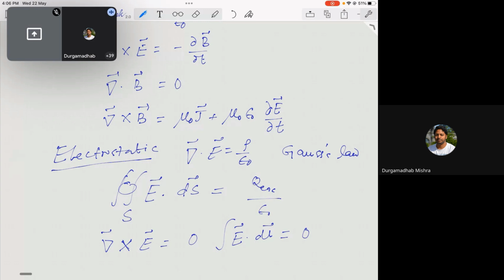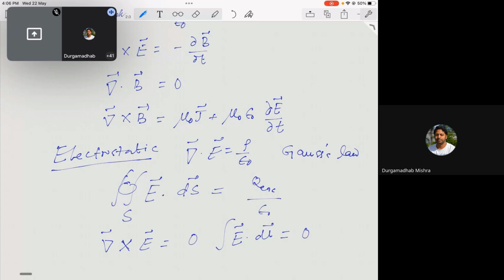So in electrostatics, most of the time our job is to find the electric field due to a charge distribution, or the potential due to a charge distribution, and if we know the potential, we can calculate the electric field. These are the few things we always do or need in electrostatics.